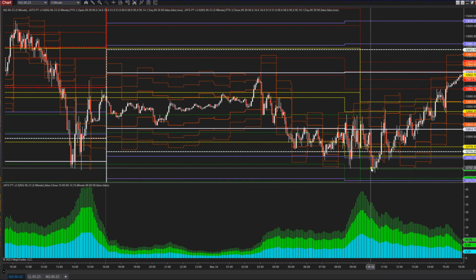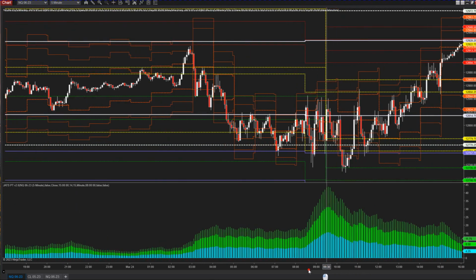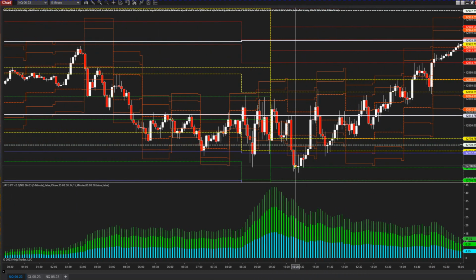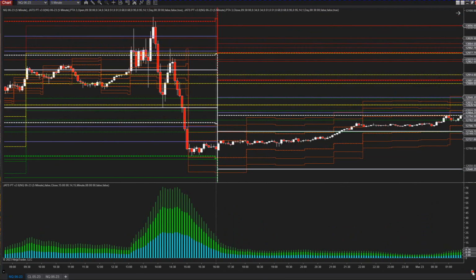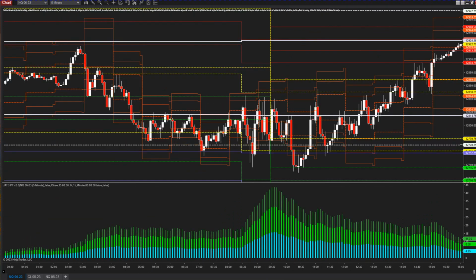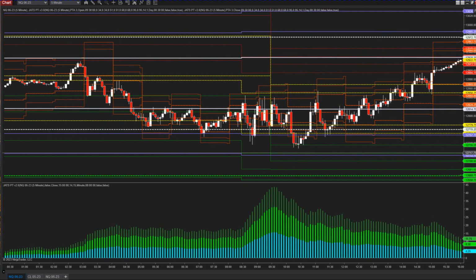But just putting these levels on the chart will give you some great intraday levels if you like to scalp and have a benchmark framework for where you are intraday with volatility, and especially that 1 hour IB.